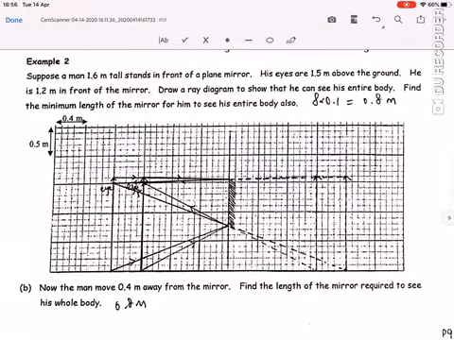So in here his eyes are 1.5 meters above ground. So again in here you need to know where the eyes are first. From that eye you will be able to see that he is 1.2 meters in front of the mirror.